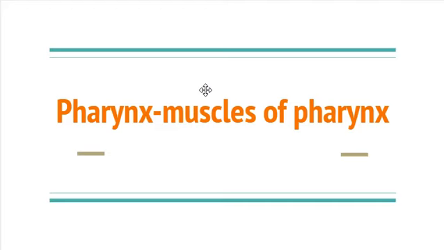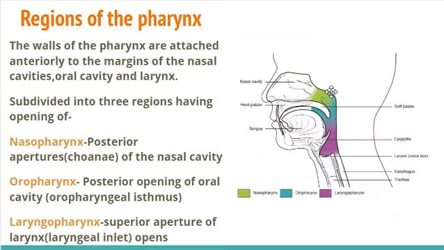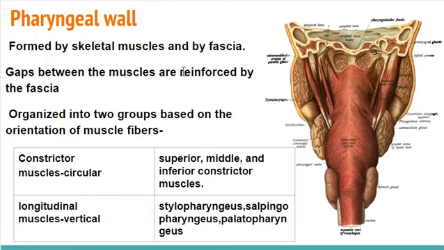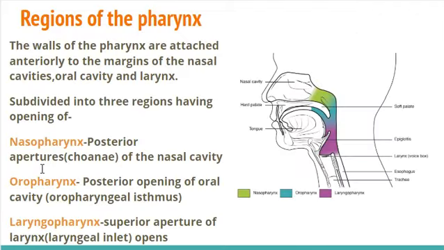We studied that the pharynx forms the posterior part of the nasal cavity, the oral cavity, and the laryngeal inlet. It has three regions, which are the naso-, oro-, and laryngopharynx. The pharyngeal wall is made up of the skeletal muscles and fascia, and the muscles are arranged in a circular and a vertical manner, being called the constrictor muscles and the longitudinal muscles.